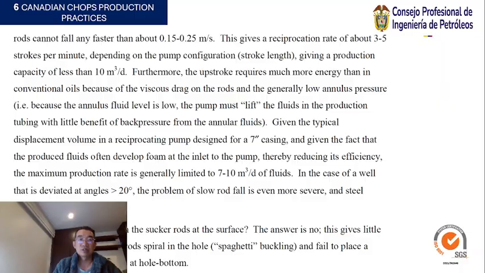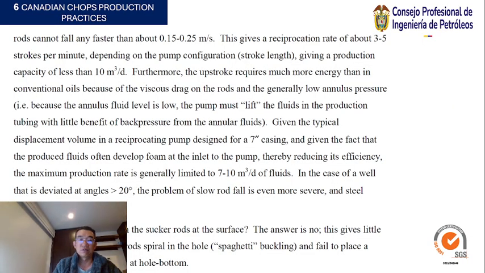Given the typical displacement volume in a reciprocating pump designed for a 7-inch casing, and given the fact that the produced fluid often develops foam at the inlet to the pump, thereby reducing its efficiency, the maximum production rate is generally limited to 7 to 10 barrels per day of fluid.